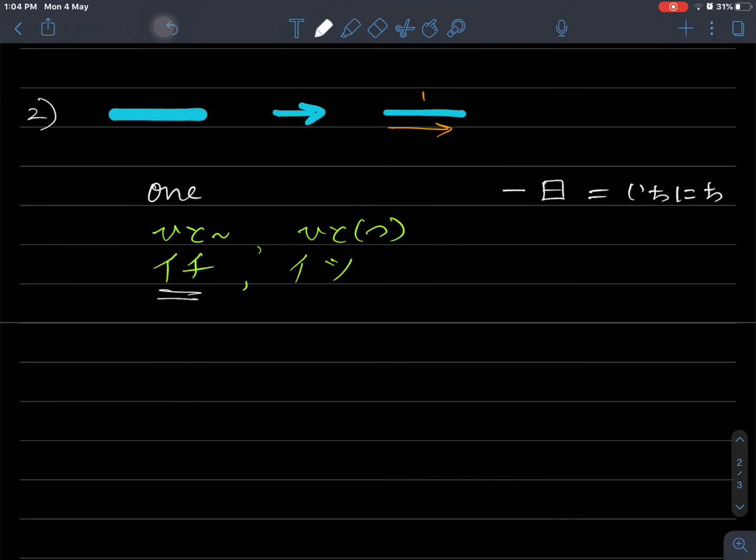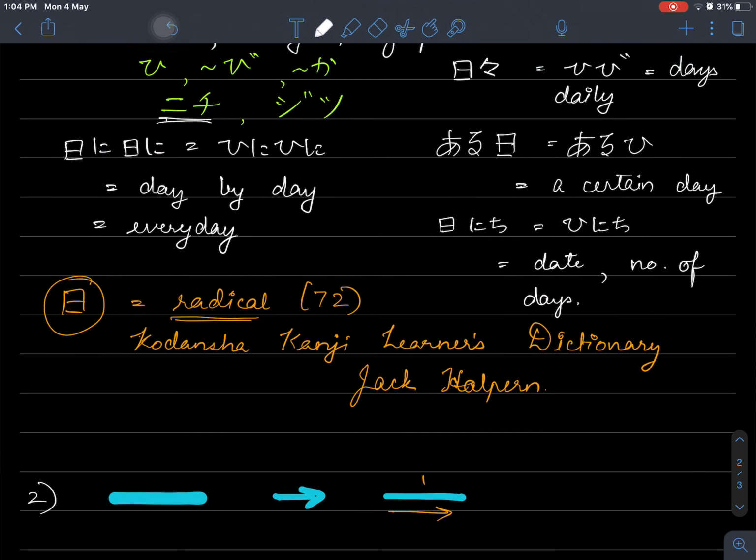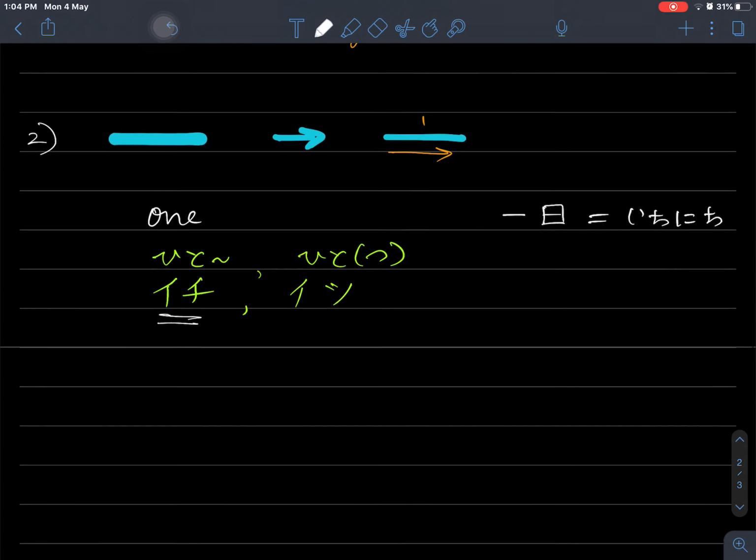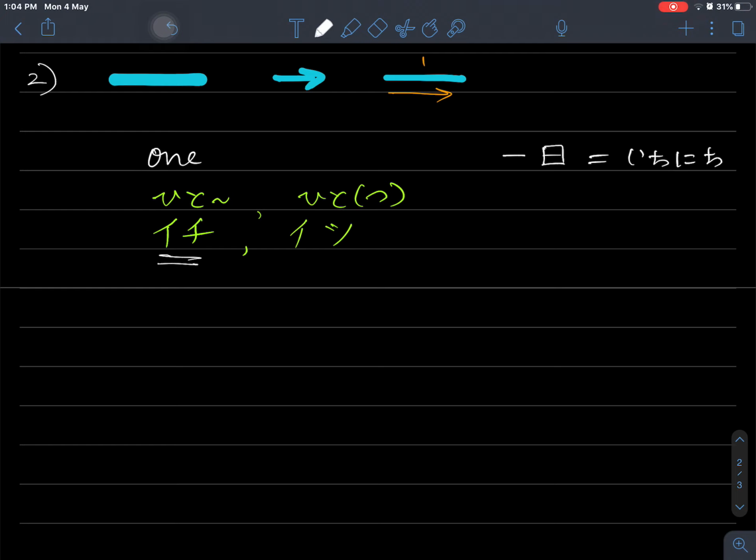Again, as I said, when a kanji comes standalone, it is the kunyomi or the native reading. So here, when you have a kanji coming as standalone, as in aru hi, you read it as hi, which is a native reading, a kunyomi. But here, because it is coming along with another kanji, you have used the onyomi nichi.